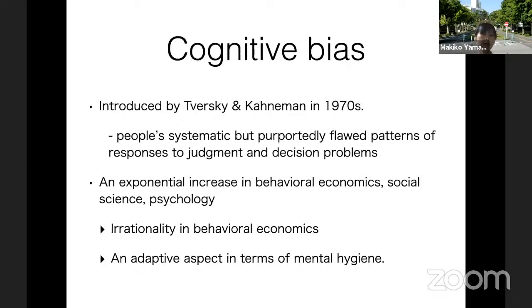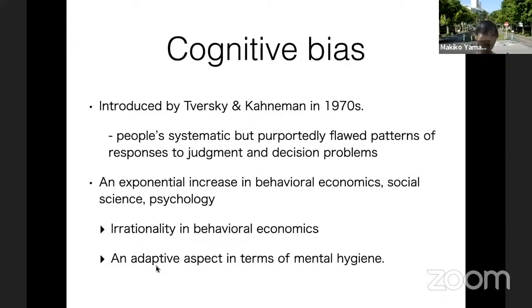When Tversky and Kahneman talked about cognitive bias, they talked about irrational decision making. But there are some cognitive biases that have a more adaptive aspect in terms of mental hygiene. Today, I will talk more about the latter aspect, such as mental health related cognitive biases.